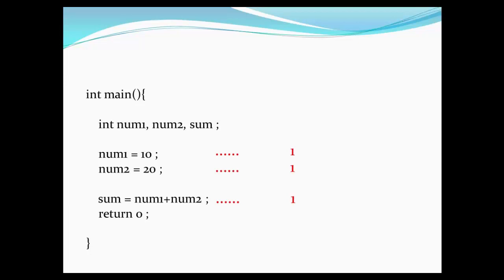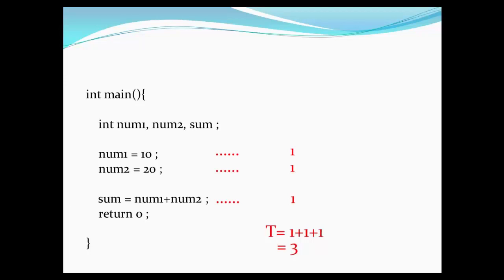This kind of analysis is required for detailed analysis, but normally we can consider 1 unit per one instruction. So now add up all the units. So you can see that for this code 3 units of time is required.